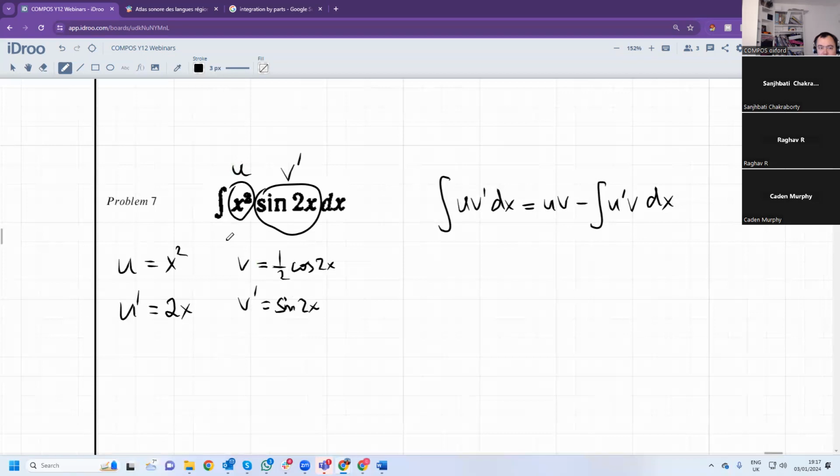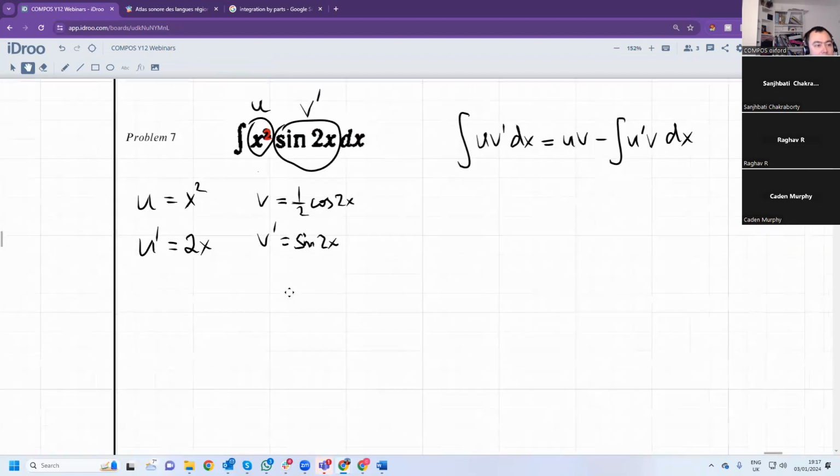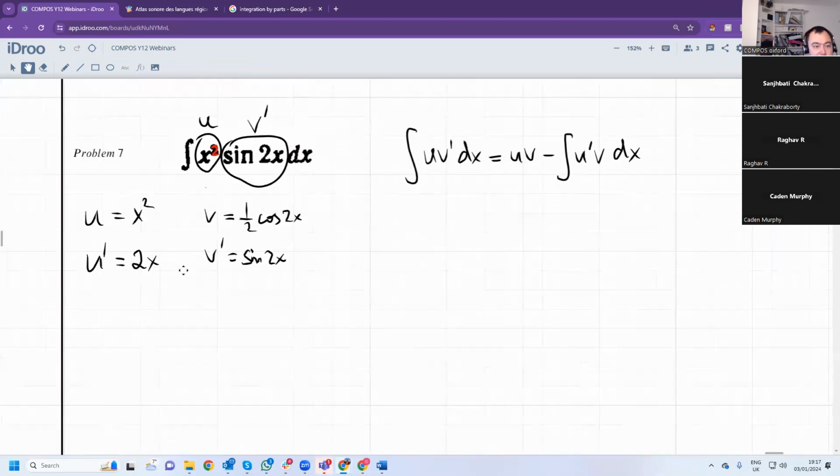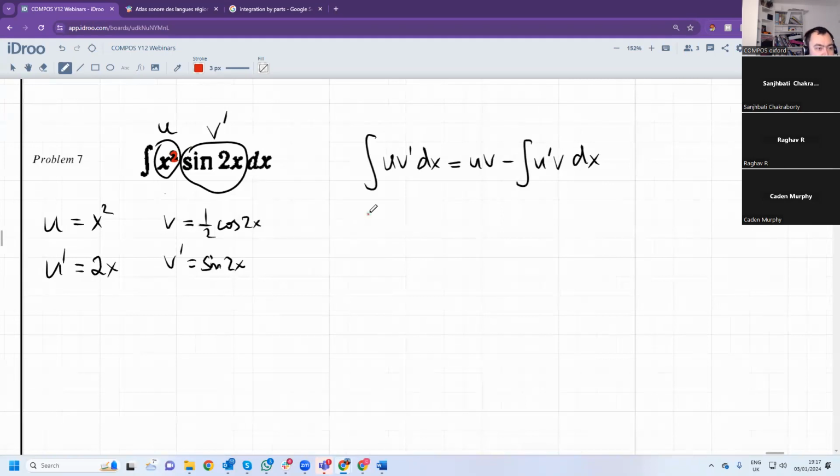Sorry, it's just a poorly written 2. So u is x squared, so u dash is 2x. We're going to use this formula. So the integral of x squared sine 2x dx is going to be equal to uv, which is x squared multiplied by 1/2 cos 2x.